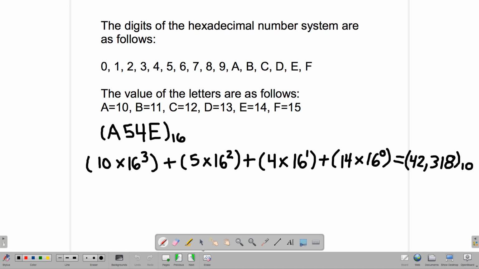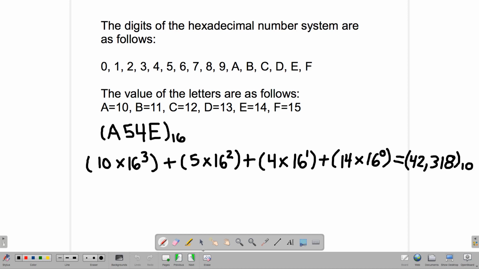In this case, the letter A represents the value 10. B represents the value 11. C represents the value 12. D represents the value 13. E represents the value 14. And F represents the value 15.